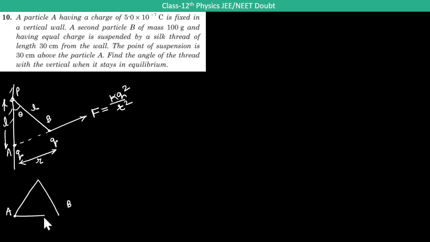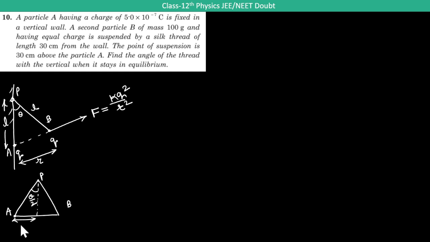To find the value of this base R, we can draw one perpendicular from this point of suspension P, and this angle will be theta by 2. So we can find this half length.